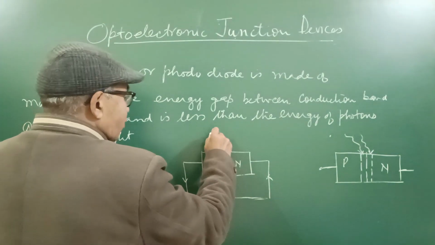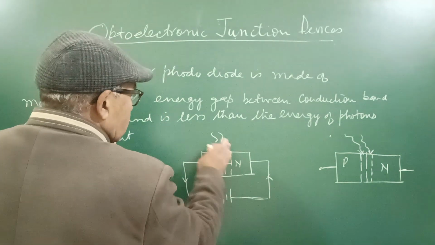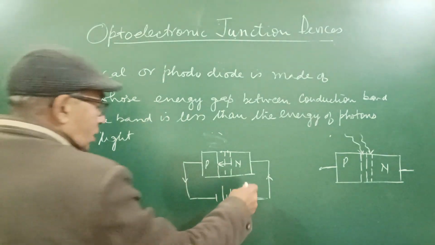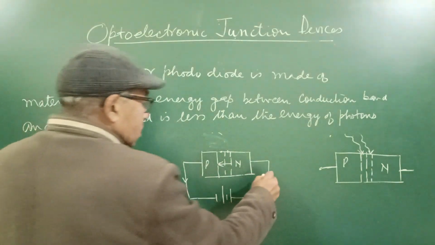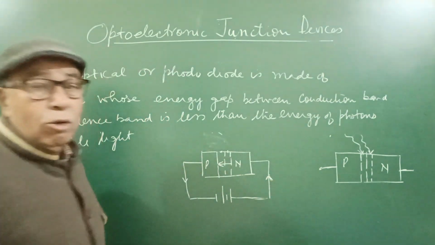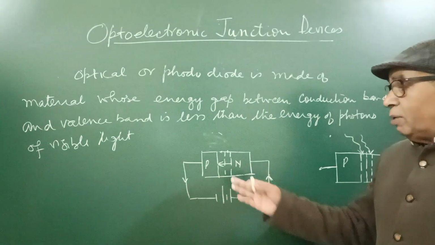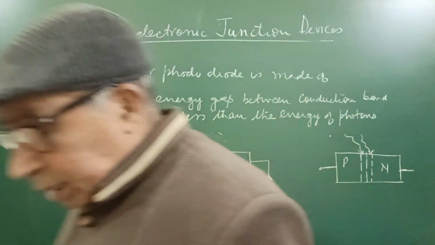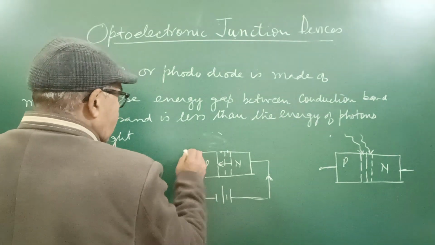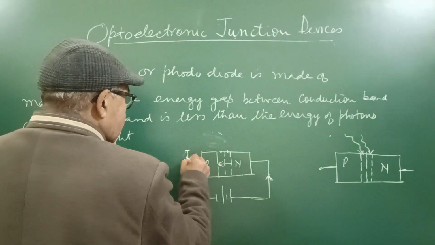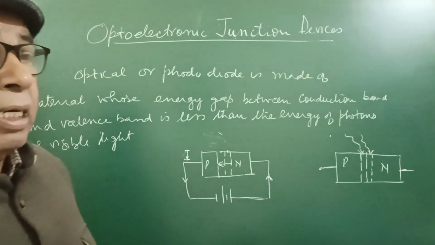So when light is allowed to fall here, if light is not allowed to fall, a very small current will be flowing in the circuit, which is there due to minority charge carriers. If simply reverse bias is given, then the current in the circuit will be of microampere order, and that current is due to minority charge carriers.